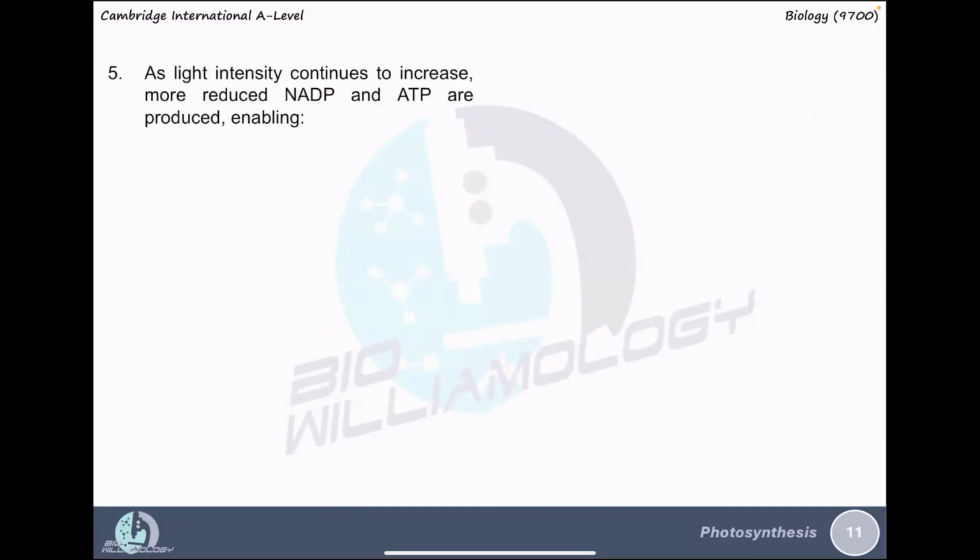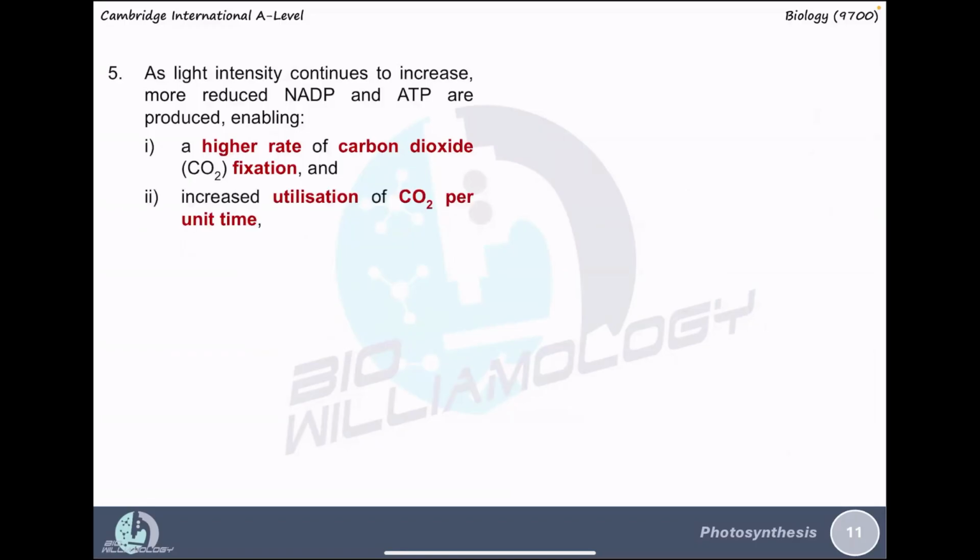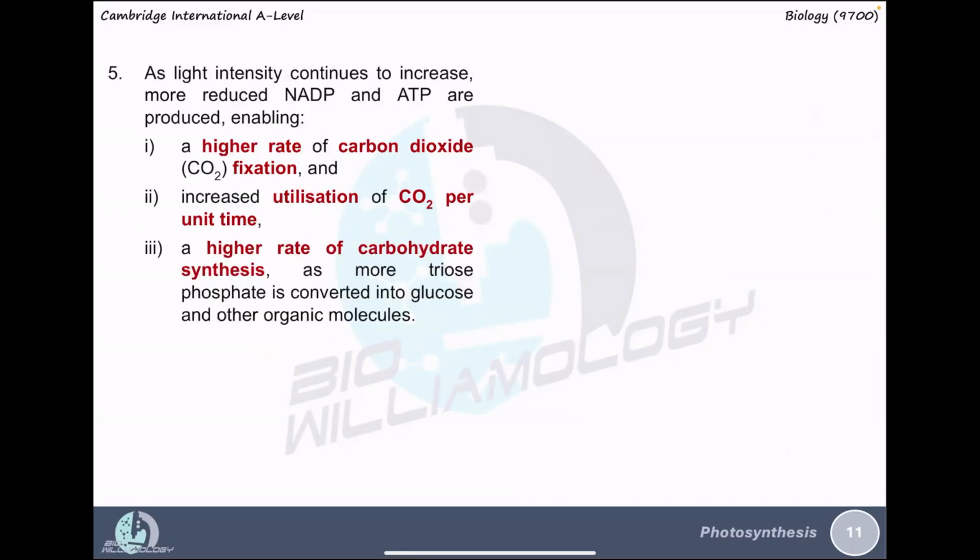So as light intensity continues to increase, more reduced NADP and ATP are produced. Therefore, there is a higher rate of carbon dioxide fixation, which also increases the utilization of CO2 per unit time, and a higher rate of carbohydrate synthesis as more triose phosphate (TP) is converted into glucose and other organic molecules.